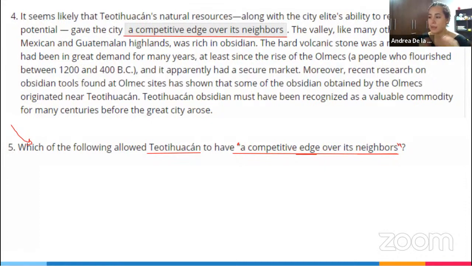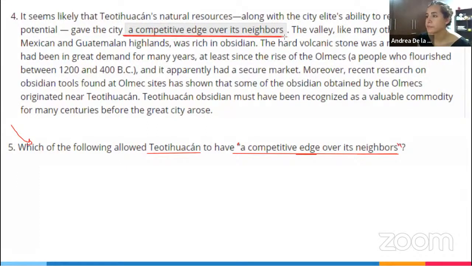You won't always say a competitive edge over its neighbors. Maybe instead of edge, you have the word advantage. Maybe instead of the word neighbors, you have surrounding cities. Instead of the word over, you have upon, right? You can have their synonyms. It's not a problem, but you need to search for the words or the same idea in different words, okay, in the text.